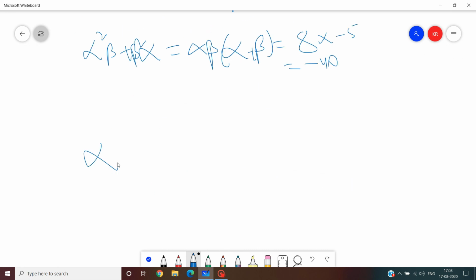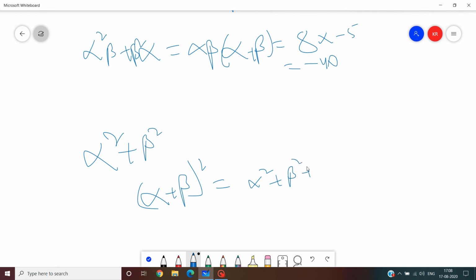These are okay. What if I ask for the sum of two individual squares? So I can get it from alpha plus beta whole square. Assume alpha plus beta whole square is alpha square plus beta square plus 2 alpha beta, right? So I want this one.